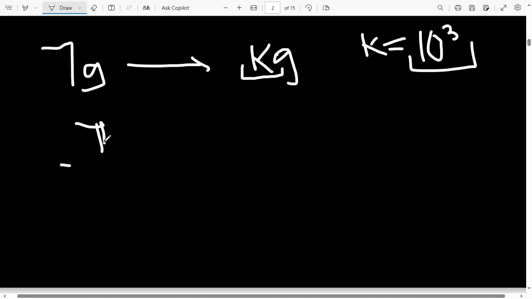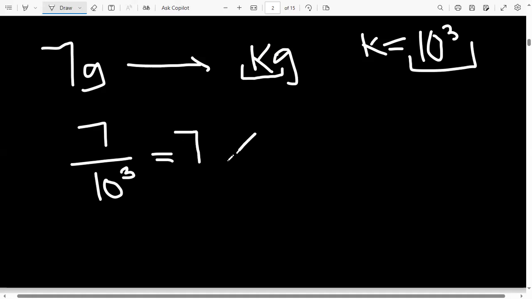Let me write it properly: 7 divided by 10 to the power 3. You can punch this on your calculator if you want, but I'll teach you a trick here. This is 7 multiplied by 1 over 10 to the power 3.